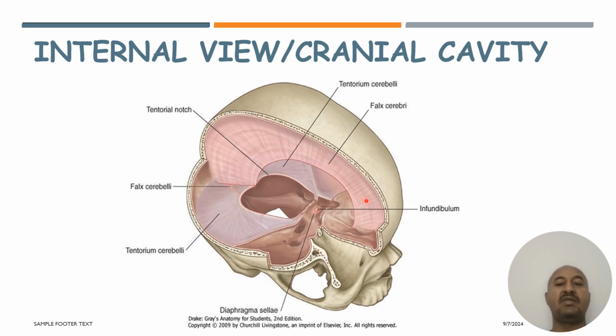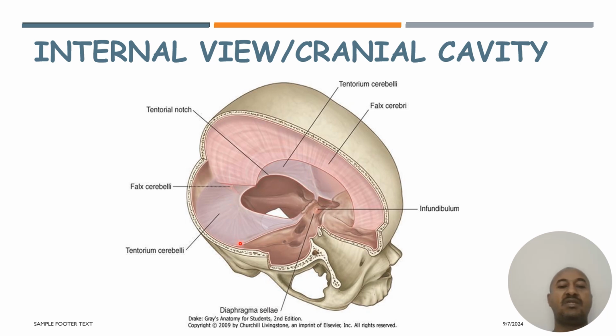It has an anterior attachment to some structures that we'll see in minutes, like crista galli, and is attached posteriorly to the tentorium cerebelli itself. It is found between the two lobes of the brain, the right lobe and the left lobe.